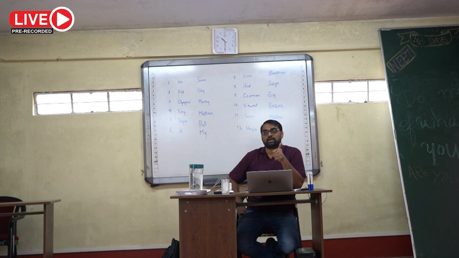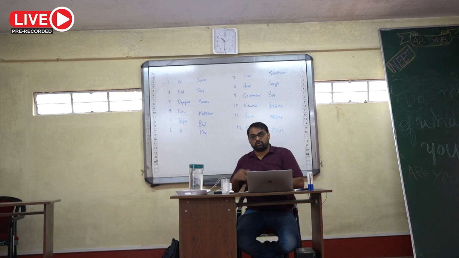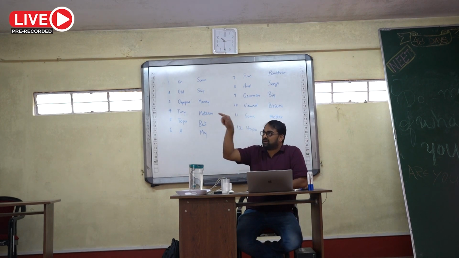So which are the exclusive motor nerves? Oculomotor, trochlear, abducens, spinal accessory, hypoglossal. These are the exclusively motor nerves. So you just have to write down the mnemonic number. You don't even have to write the complete mnemonic.